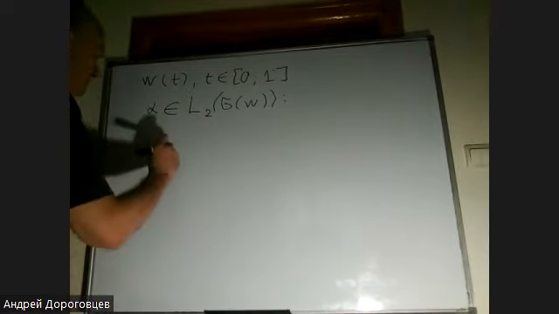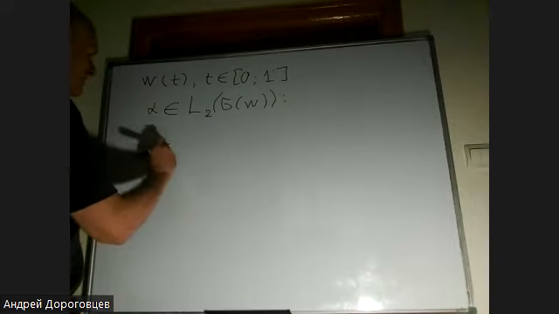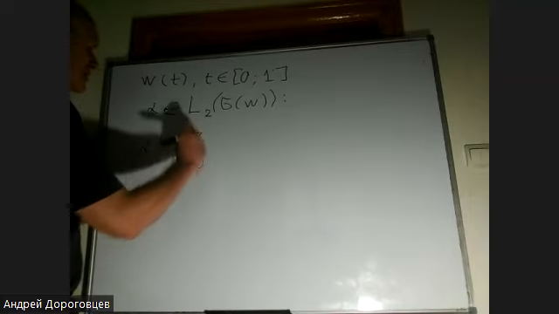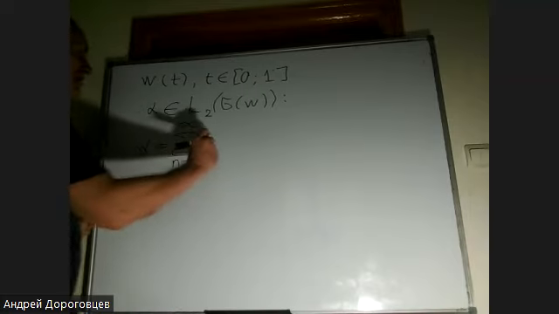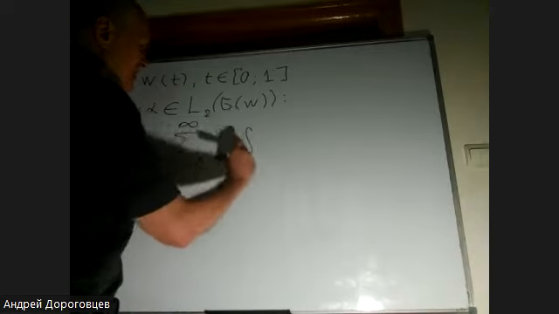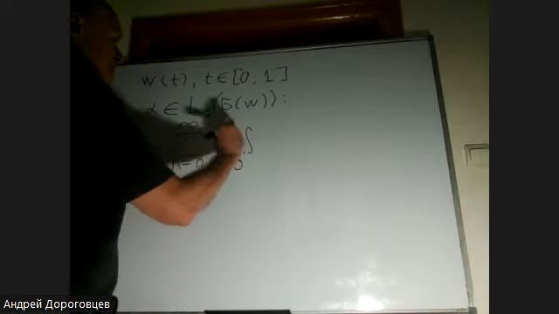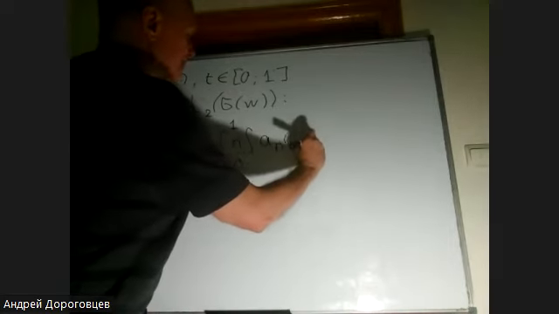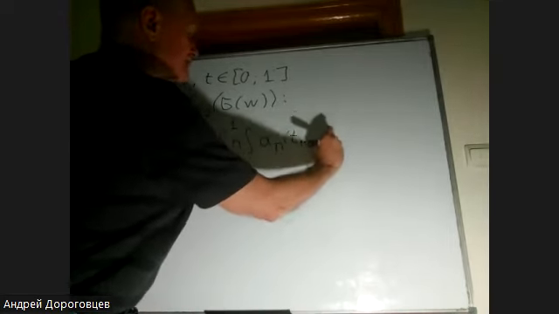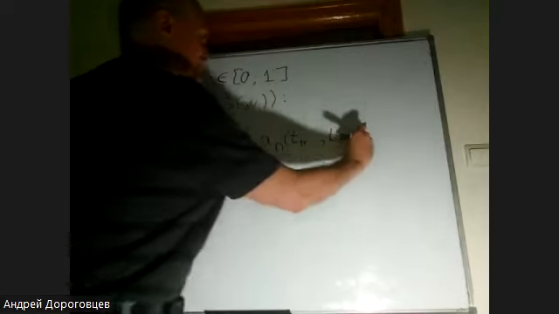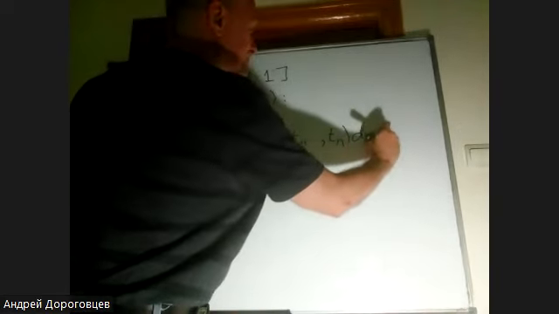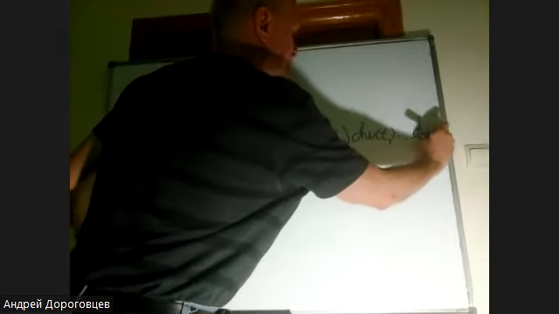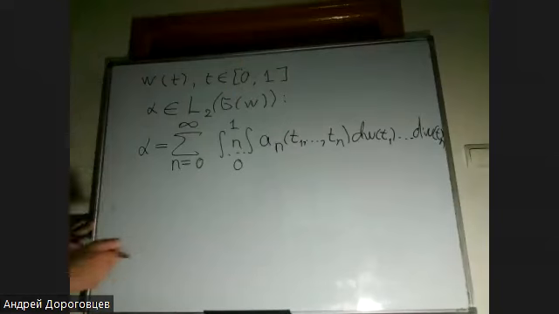Alpha can be expressed as a sum from n equal to 0 to infinity of such multiple Wiener integrals.